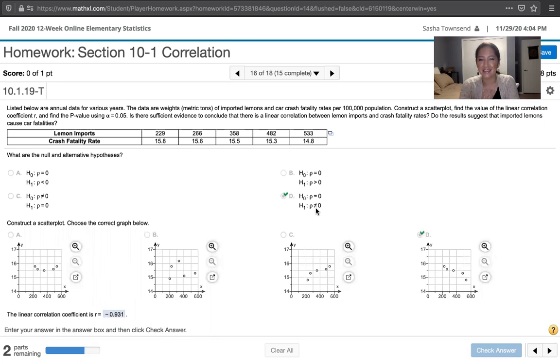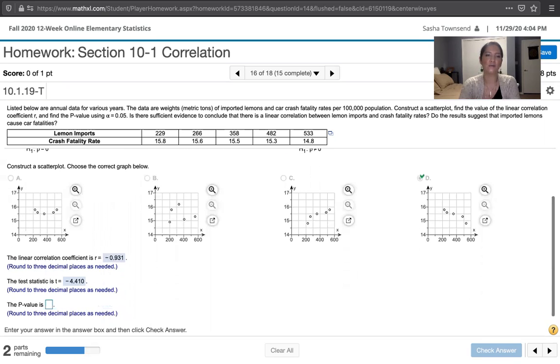Since that has a not equal to sign in it, that means we're dealing with a two-tailed test, which means our p-value is the area in 2 tails for a test statistic like ours of negative 4.410, or a test statistic that is more extreme than that. That's that probability, and that's the p-value. So let's use Excel to find that p-value now.